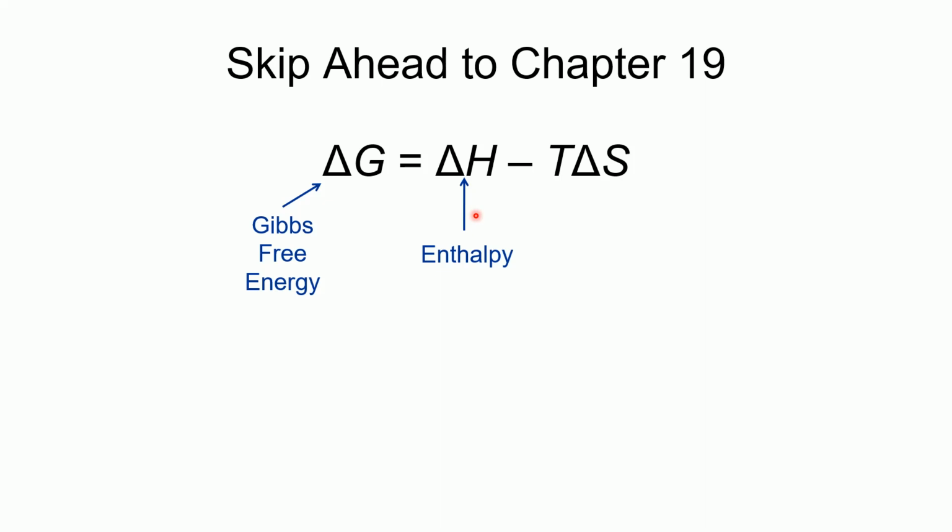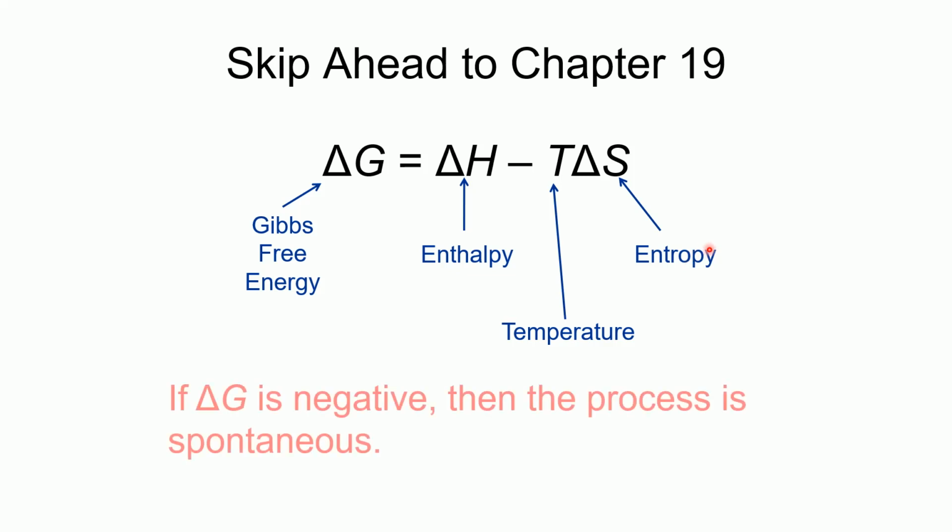And if delta H was negative, that means the reaction was exothermic. T is the temperature, and that temperature does have to be in Kelvin. And delta S is the entropy, or the change in entropy. Entropy we're going to dig into a little bit more. I want to dispel a couple of misconceptions about entropy, so we'll get to that.